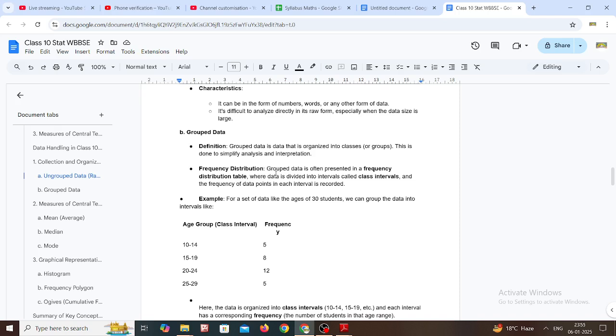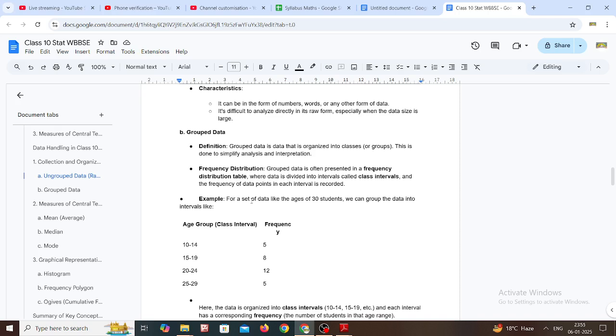Group data is often presented in a frequency distribution table, where data is divided into intervals called class intervals, and the frequency of data points in each interval is recorded.